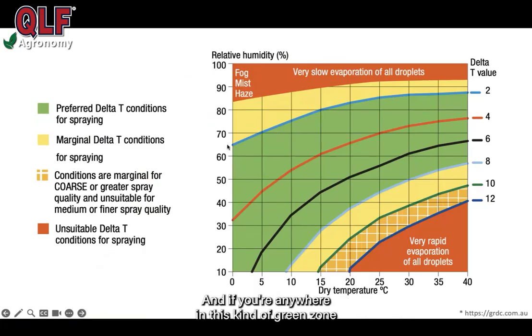If you're anywhere in this green zone here, this is good for foliar spraying. So you can use Delta T, if you're between 2 and 8, anywhere in that window is good conditions for foliar uptake.